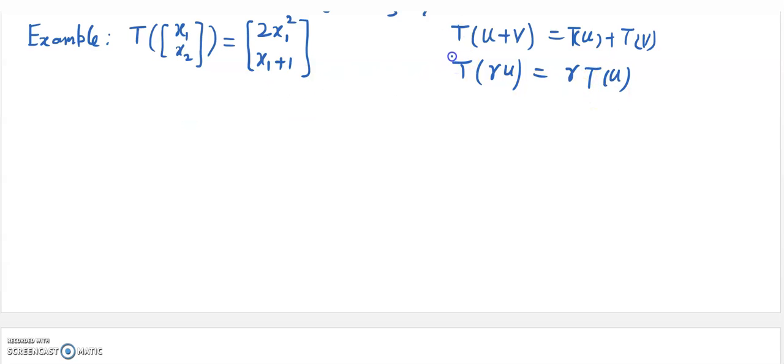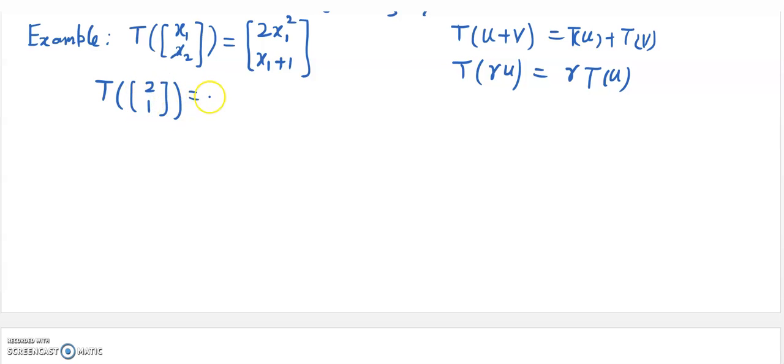If any of these conditions is not met, then that transformation will not be a linear transformation. Suppose we take any values of x1 and x2, say x1 as 2 and x2 as 1.